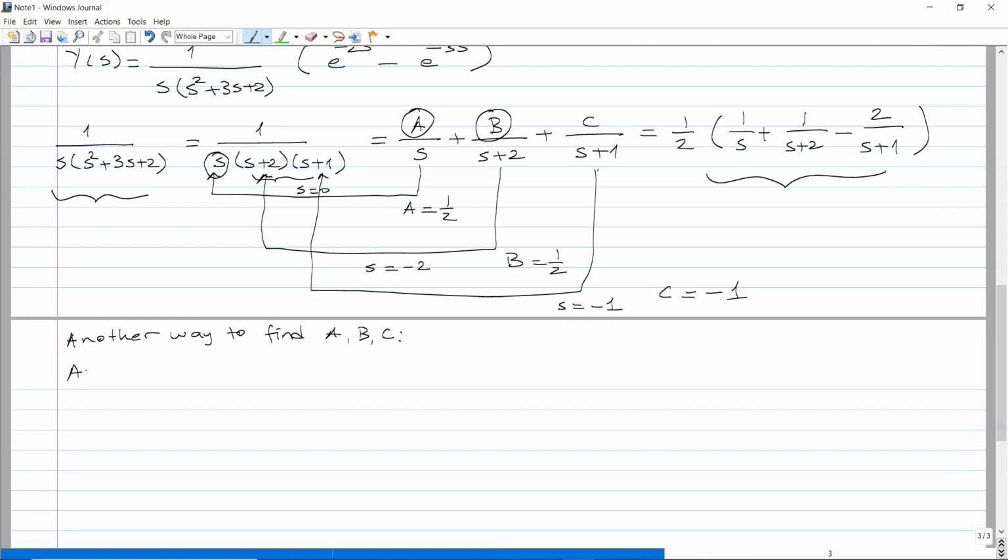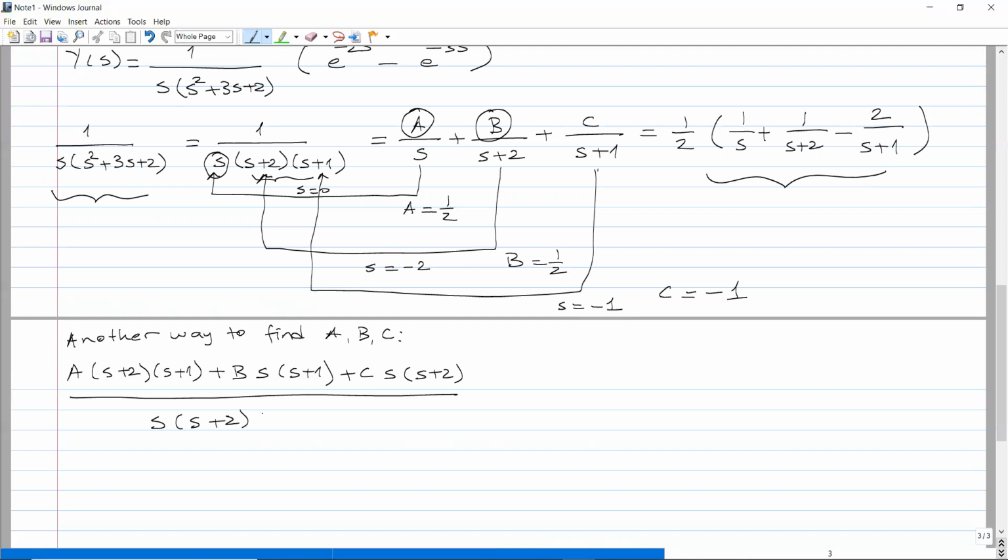So A times s plus 2, s plus 1, plus B times s, s plus 1, plus C times s, s plus 2, divided by the common denominator, should be equal to the left side, 1 over s times s squared plus 3s plus 2.